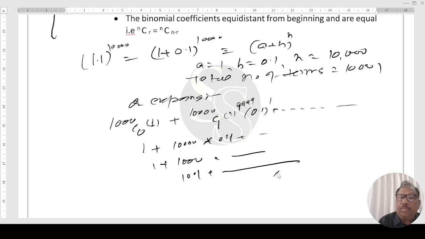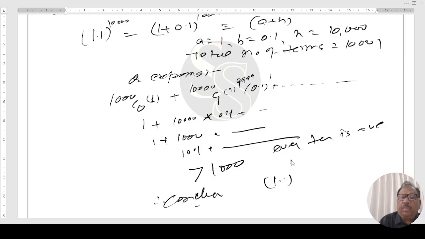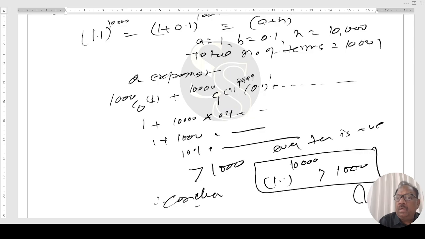Every term is positive. Therefore, this is greater than 1,000. The conclusion, 1.1 की power 10,000 greater than 1,000. Right? Next question.